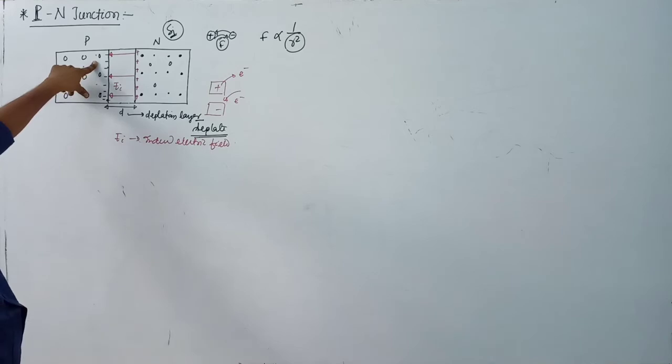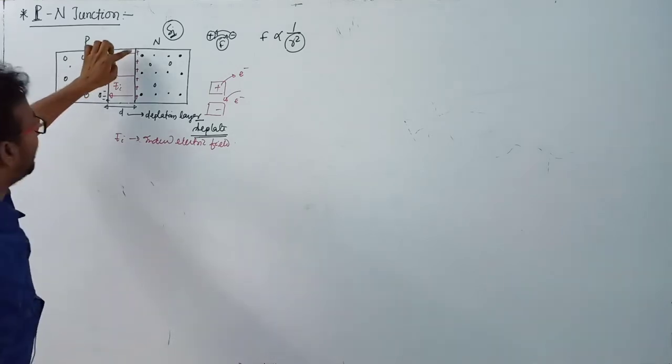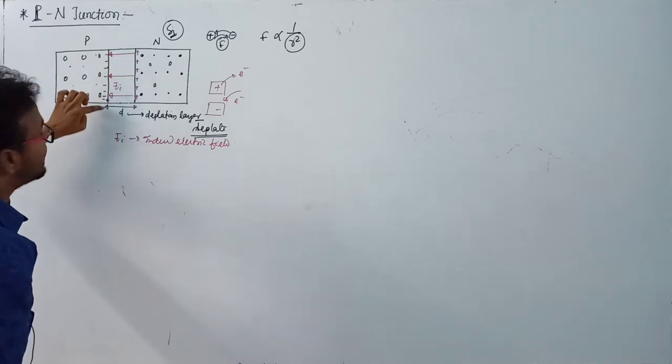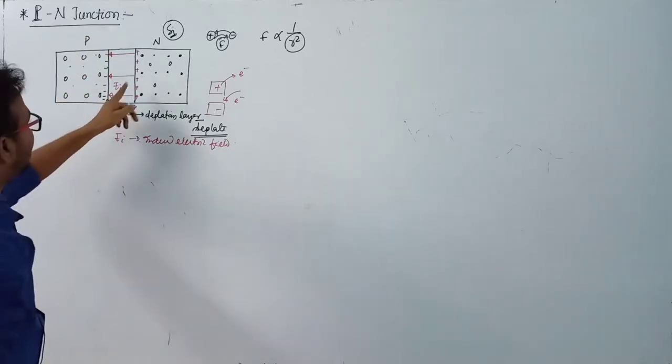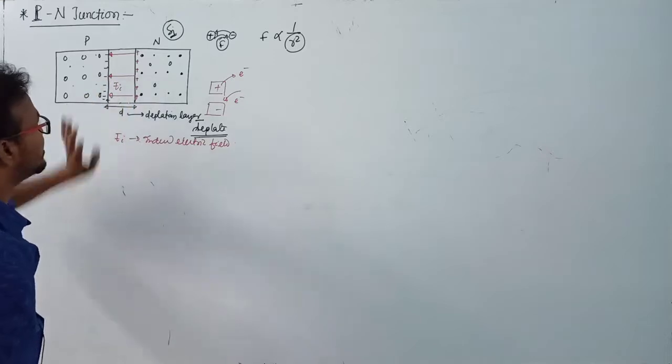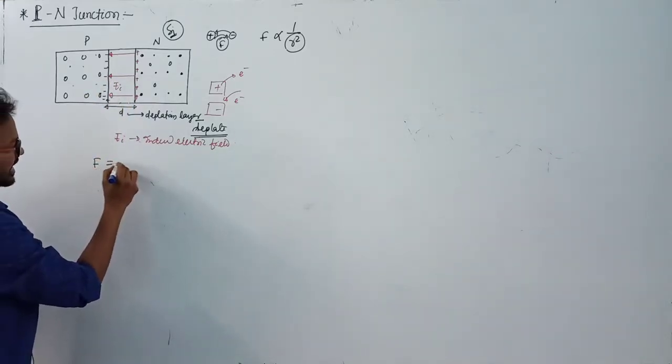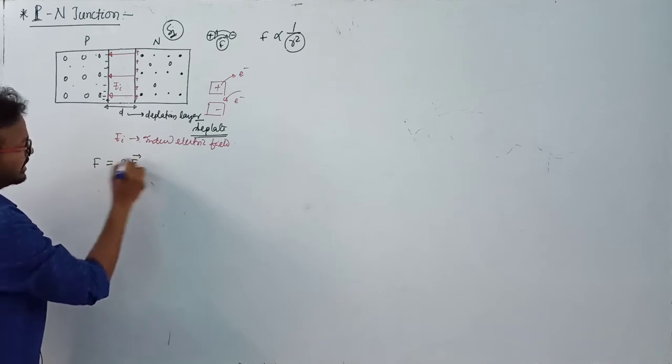Or another way you can say, when a positive charge develops here and a negative charge develops here and the electric field starts in this direction, then by the relation between electrostatic force and electric field, F equals QE.